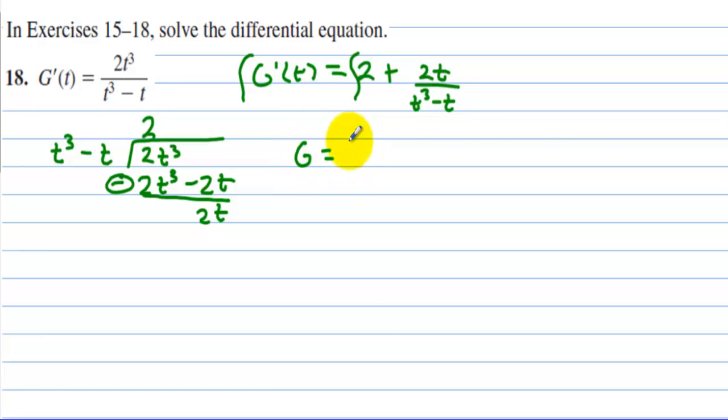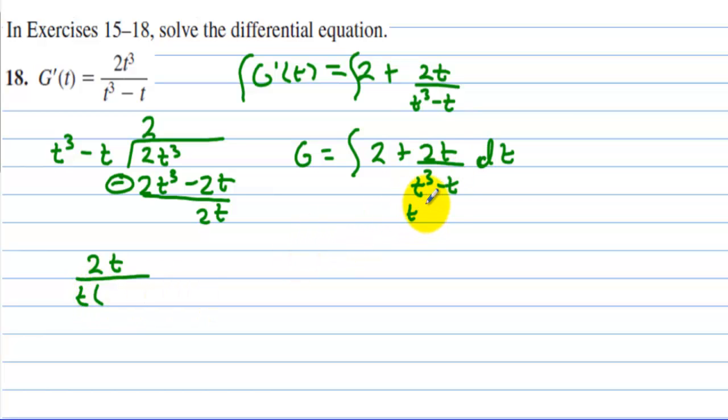G is equal to the integral of 2 plus 2t over t to the third minus t, and we're taking the integral with respect to t. Let's turn this piece into partial fractions. We want linear denominators. That means we're going to have 2t over t times, let's see, if we take a t out, we'll be left with t squared minus 1.